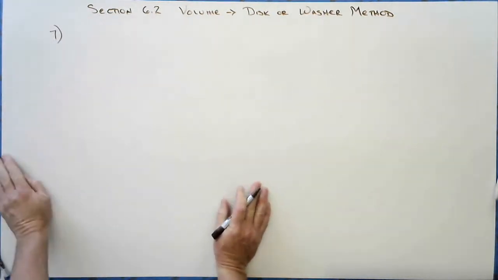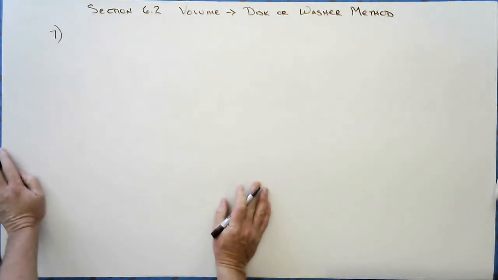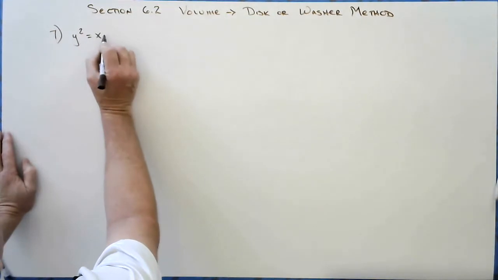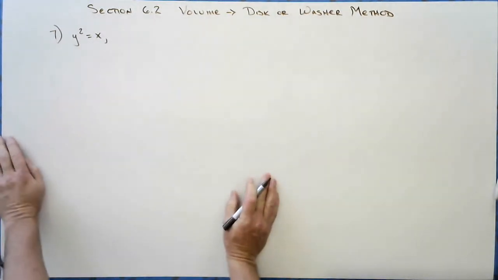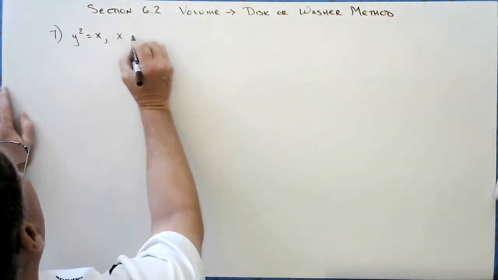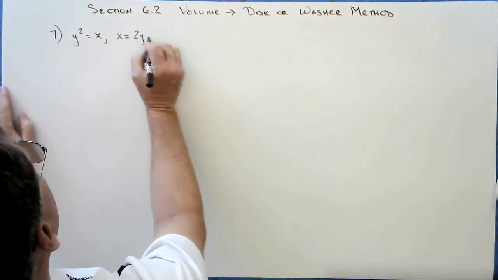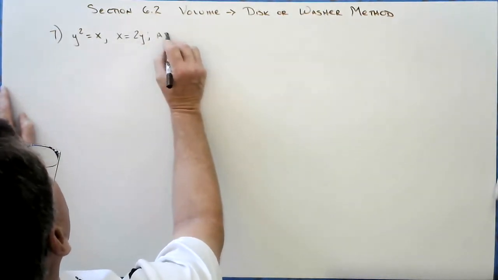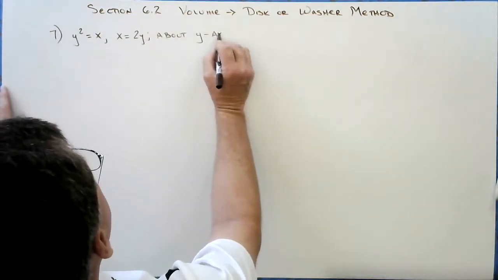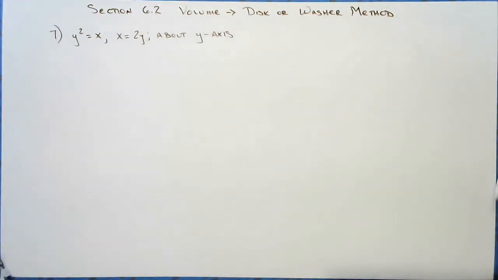7 gives us the function y squared equals x and x equals 2y, and we want to rotate about the y-axis. So again, we want to start with a good, solid sketch.